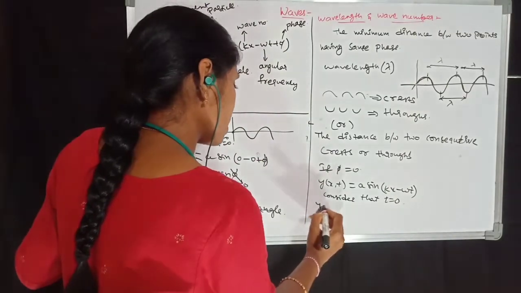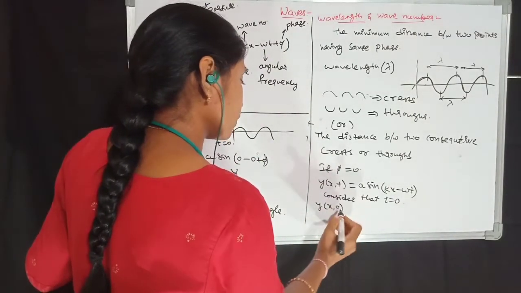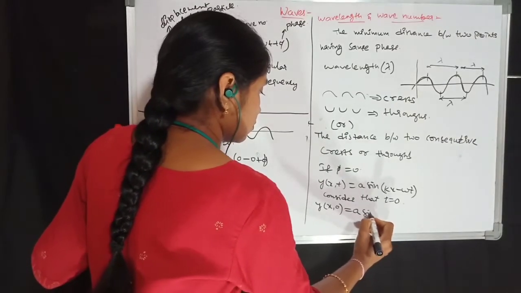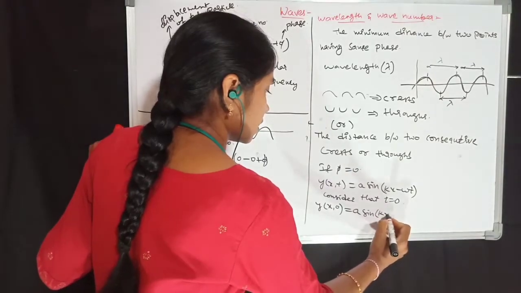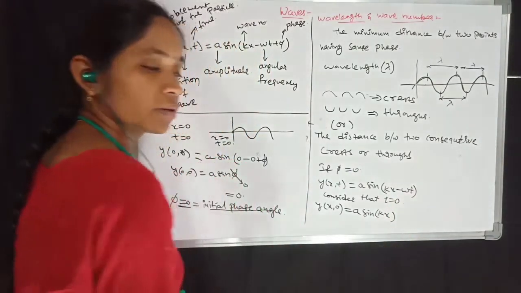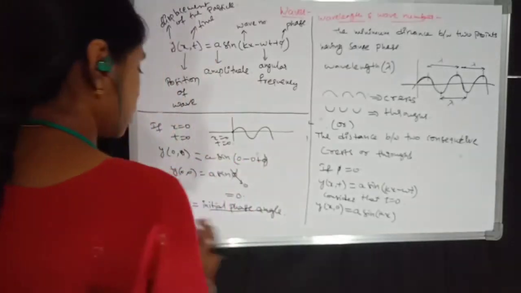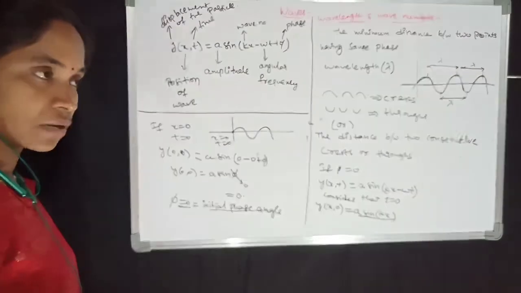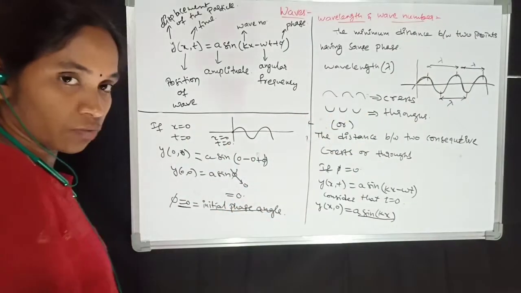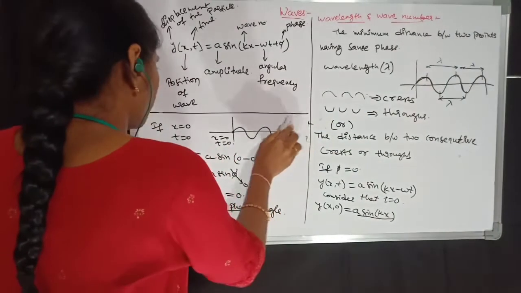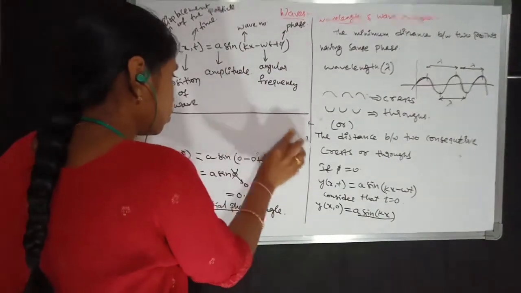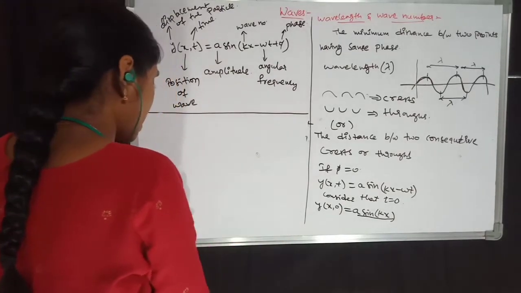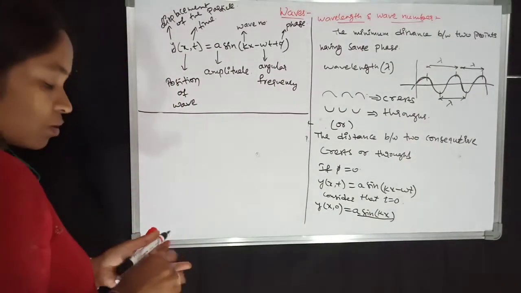Then y of x comma 0, substituting 0 in place of t, is equal to a sin of kx, since omega into 0 will be 0. Observe this carefully. Here we are left with a sine function in the direction of the wave. We know that the sine function repeats its value at 2 pi distance.